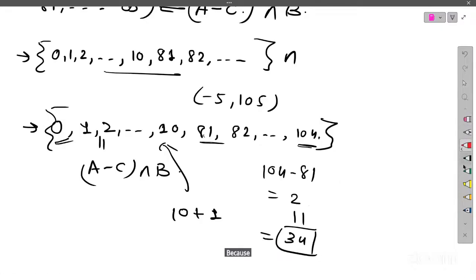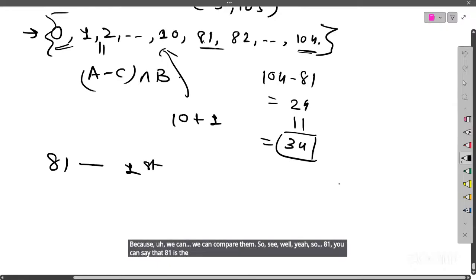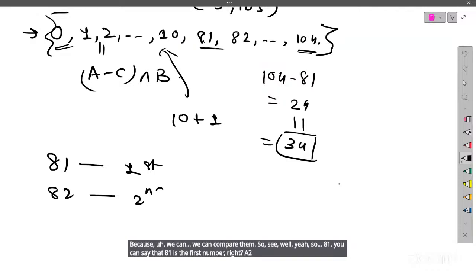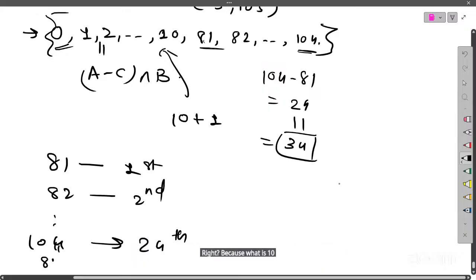Because we can compare them. So you see, 81 is the first number, right? 82 will be your second number, right? And so on. 104 will be your 24th number, right? Because what is 104? 104 is 81 plus 23.